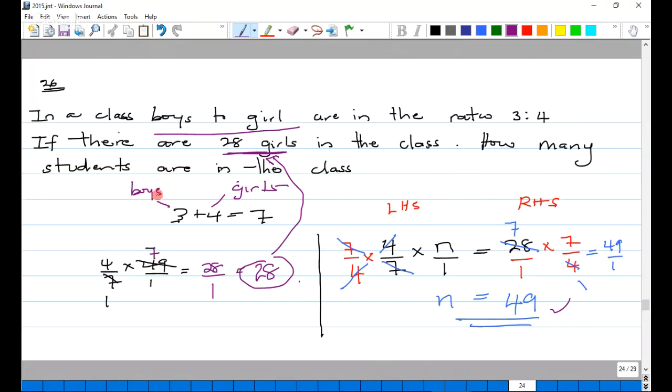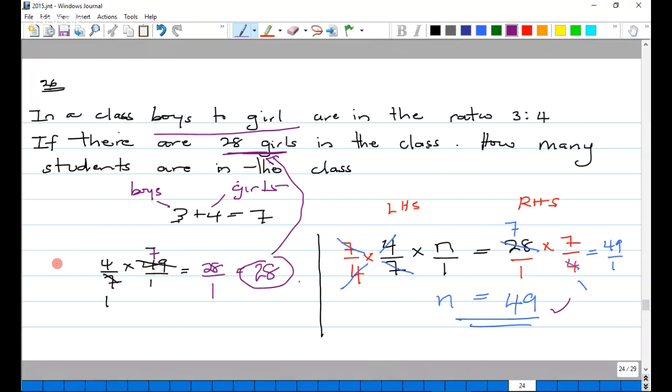Okay, so if I know that there are 28 girls in the class, and I know the total number of students is 49, how many boys are in the class? They didn't ask us for that, but just so we fully understand it. What would I need to do to find the total number of boys in the class?